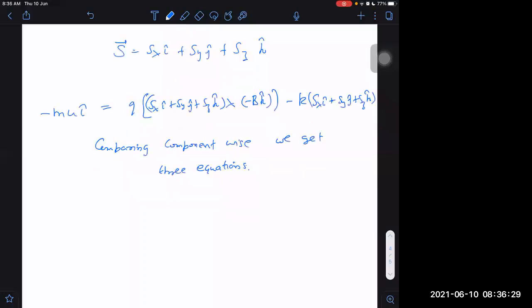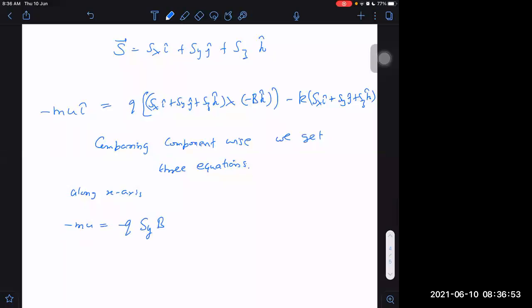So let us first compare along the x-axis. Left side is minus mu, right side is q. i cross k will not be along x. k cross k will be 0. j cross k is i, so minus q into Sy into b.